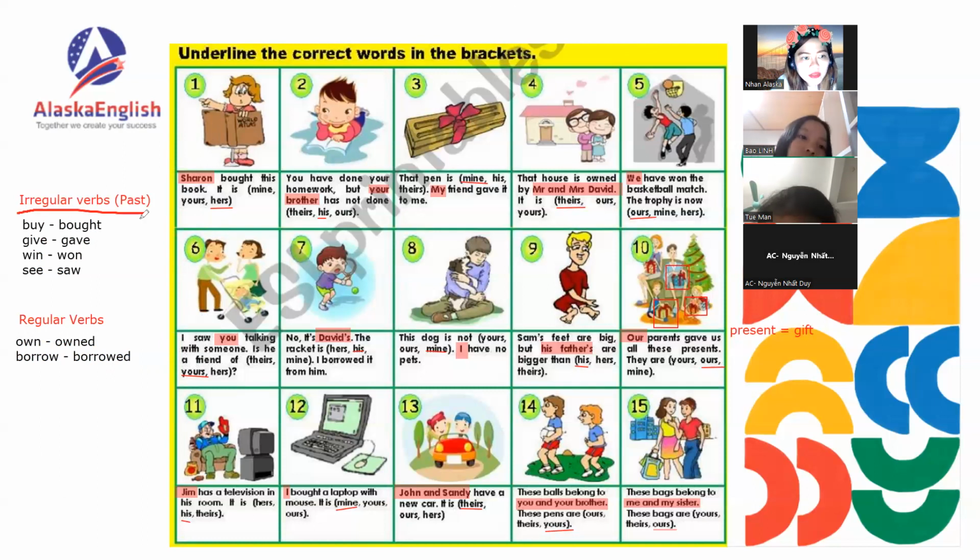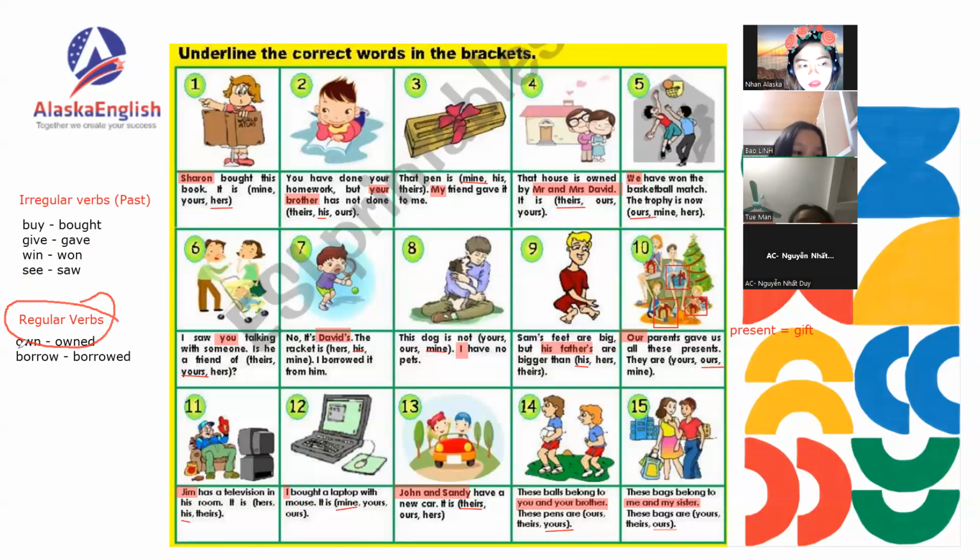All right, in here, irregular verbs, Bowling: buy, bought, give, gave, win, won, see, saw.